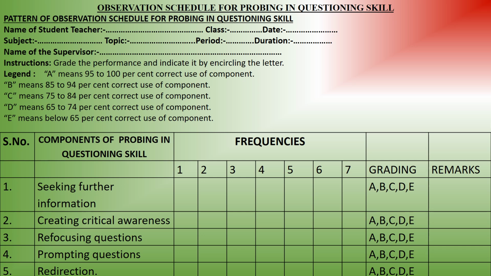In the next 3 columns, frequencies will be written, which will be further divided into 7: 1, 2, 3, 4, 5, 6, and 7. After that, in the 4th column, grading will be done. And lastly, remarks of the teacher will come.